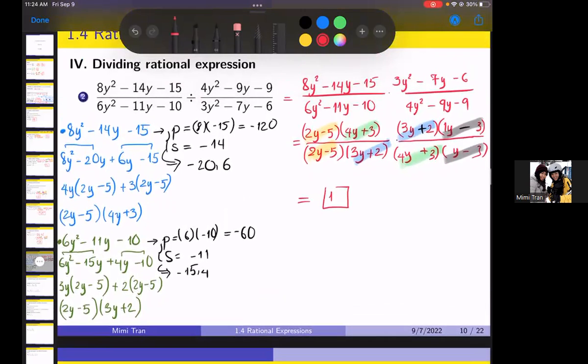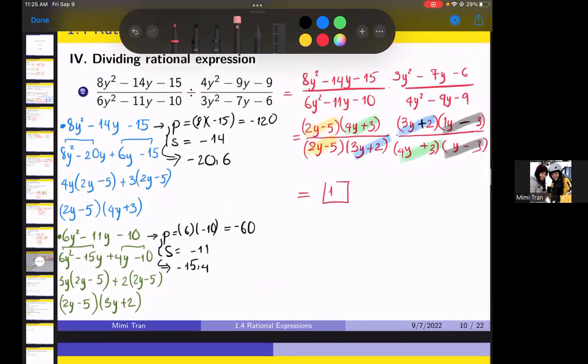Do you have any question for this problem? So again, when you see this kind of factoring, where the leading coefficient is not 1, slow and steady. Do the AC method. You get there eventually. Just one step at a time. Don't multitask.